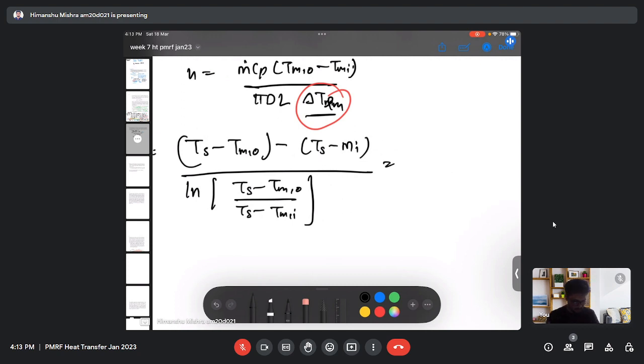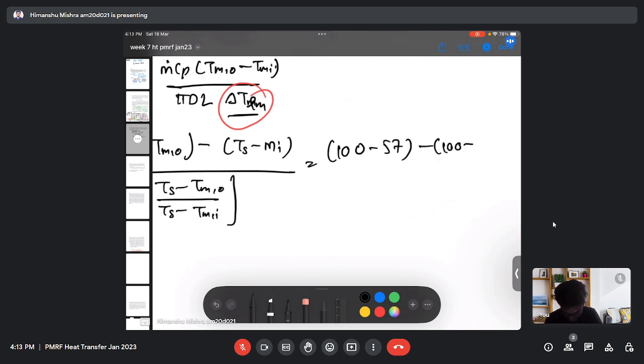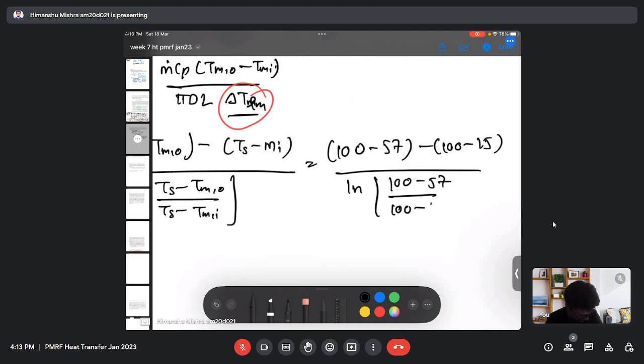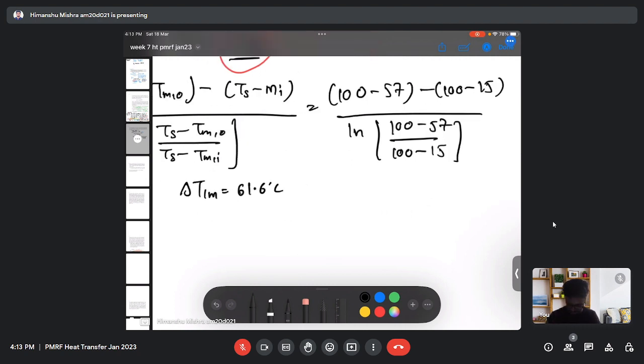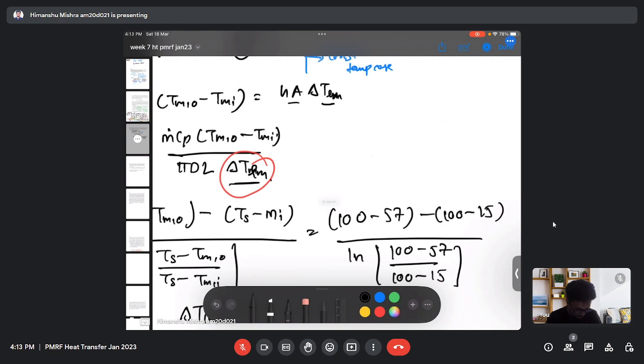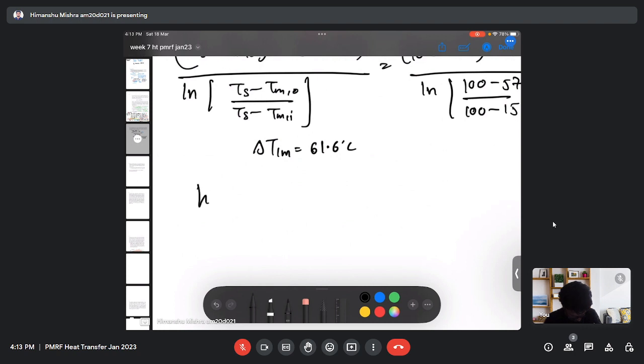On putting the values, my surface temperature is 100, my outlet temperature is 57, my inlet temperature is 15. On calculating this, the log mean temperature will be 61.6 degrees Celsius. Now we need to put this log mean temperature here to find the heat transfer coefficient.